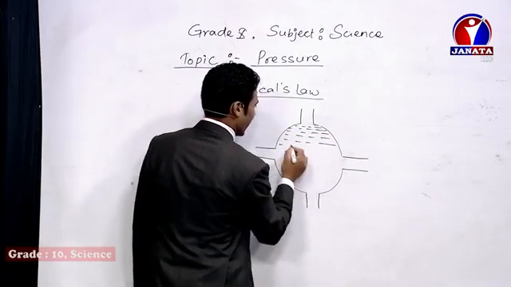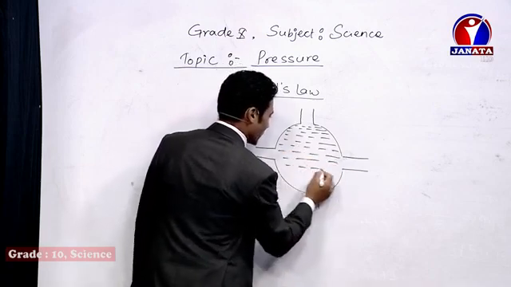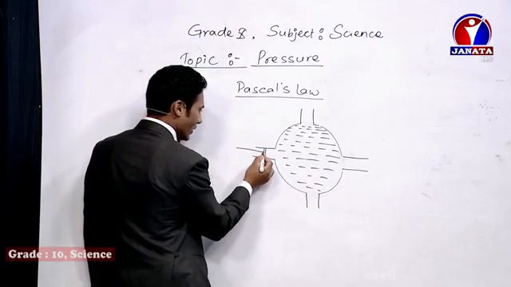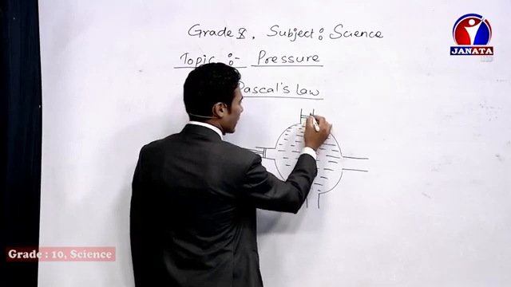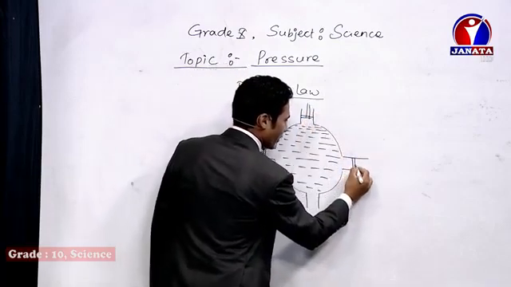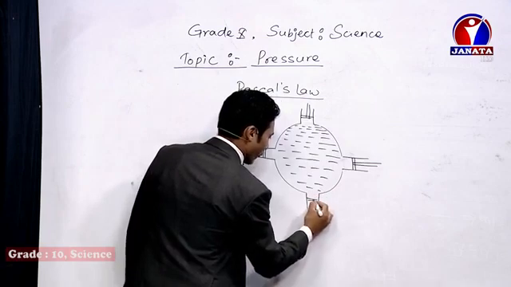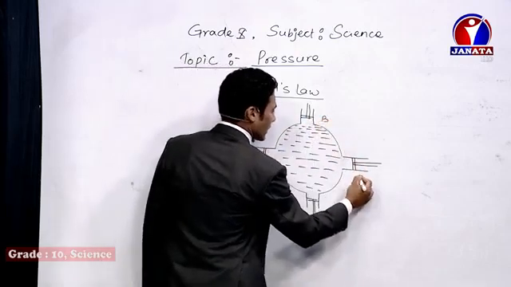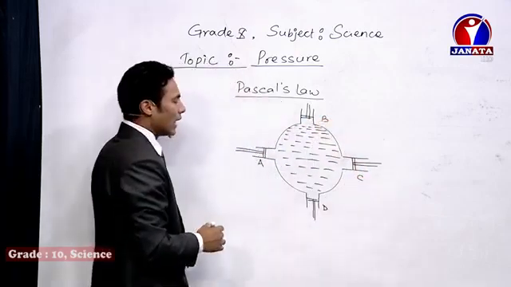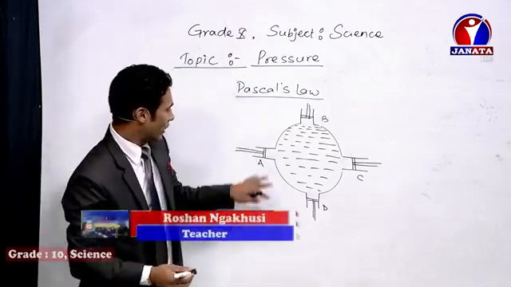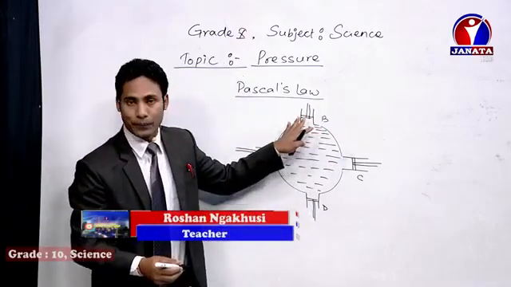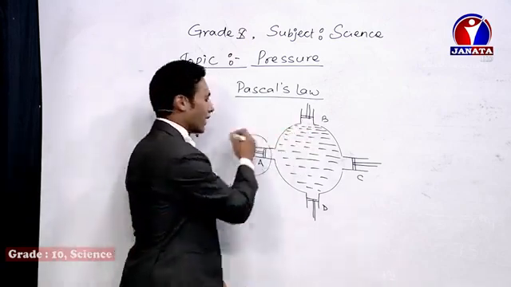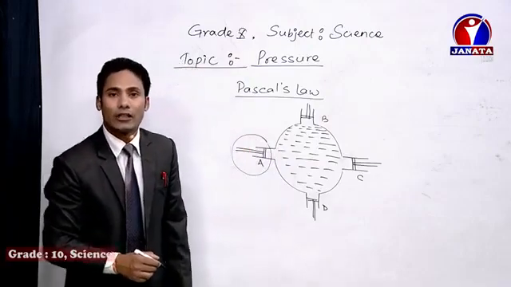Let us say this is piston A, this is piston B, this is piston C, and this is piston D. If the pistons have equal area, and I apply a certain force on piston A, then a certain pressure is exerted on it.